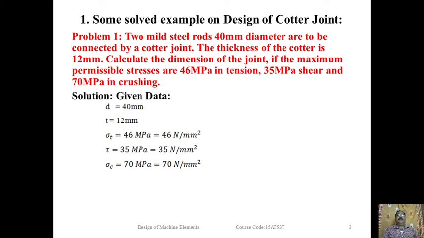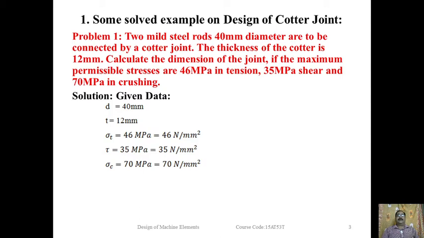So, by reading the problem carefully, now we will write the given data. He has given the diameter of the rod, that is small d is equal to 40 mm. Then thickness of the quarter is small t is equal to 12 mm. Then tensile stress, that is sigma t, is equal to 46 megapascal, that is equal to 46 Newton per mm square.